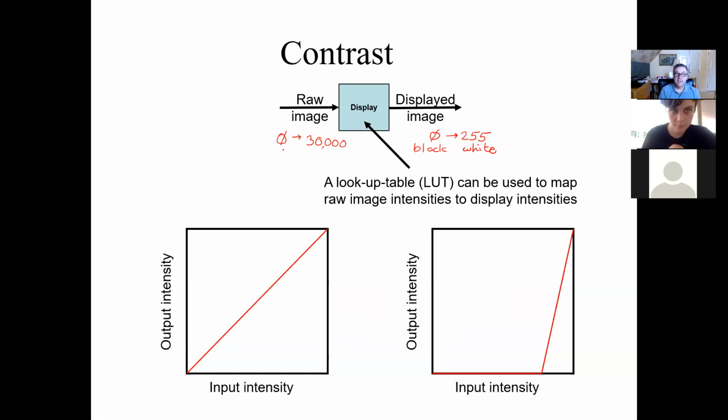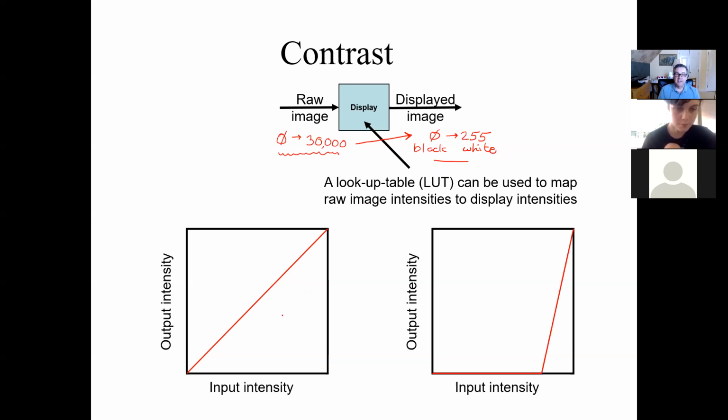So I have to basically take whatever the range of my raw image is and map it into that display, which, among other things, impacts the dynamic range that I have, right? In other words, whatever the detail in this image happens to be, I can only display it at 256 gray levels. Okay.